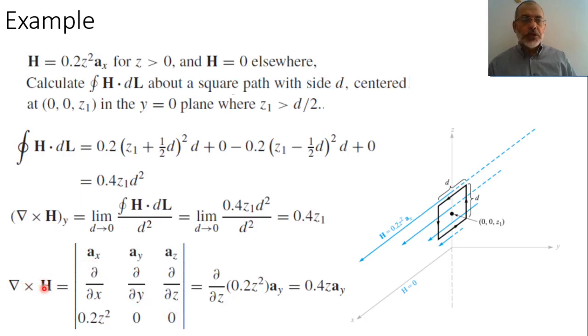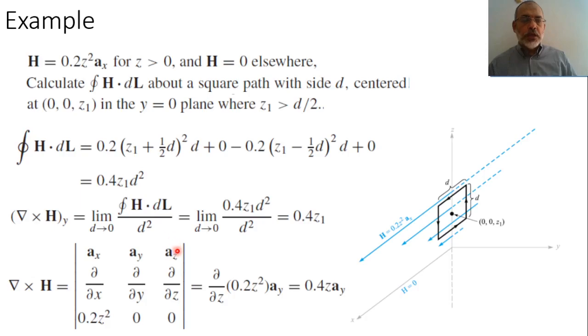And the curl operation in Cartesian coordinates, ax, ay, az, partial by partial x, partial by partial y, partial by partial z, 0.2 z squared, which is the x component, plus 0 in the y component, plus 0 in the z component.